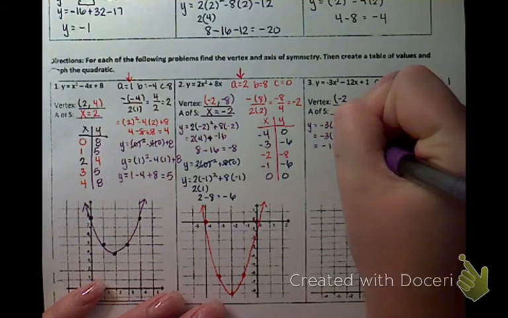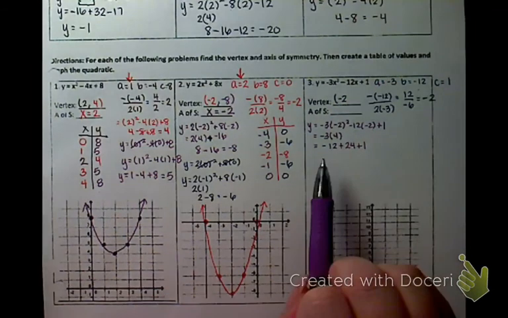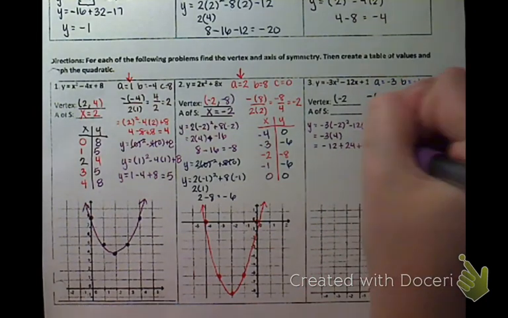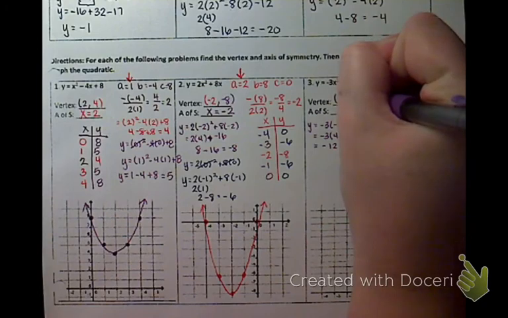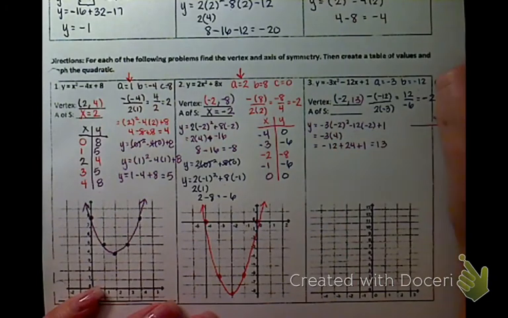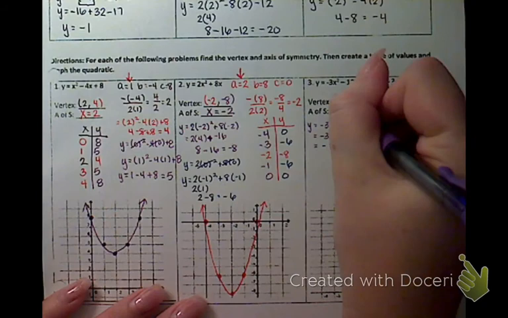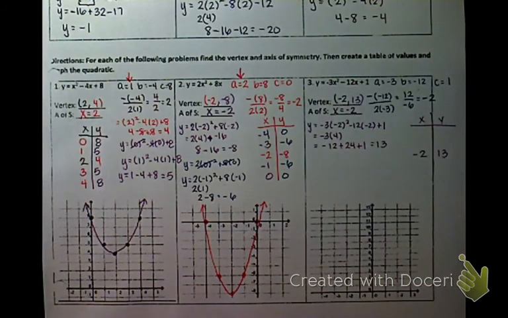And then I have the plus 1 at the end. Okay, so negative 12 plus 24 is positive 12. 12 plus 1 gives me 13. So negative 2, 13 is my vertex. Axis of symmetry is x equals negative 2.